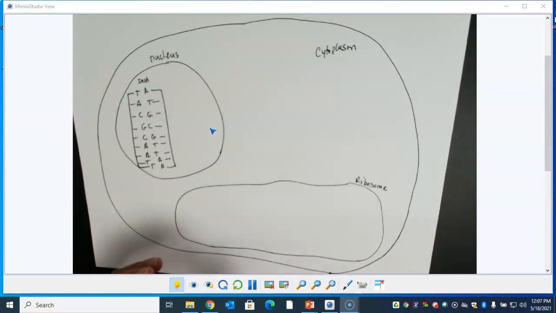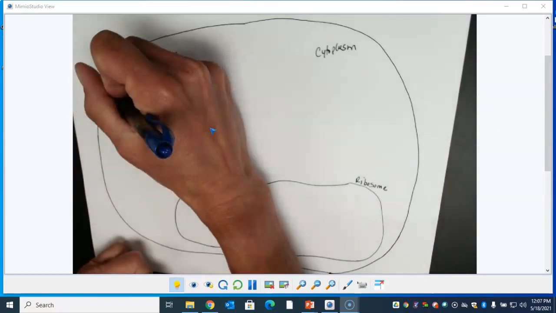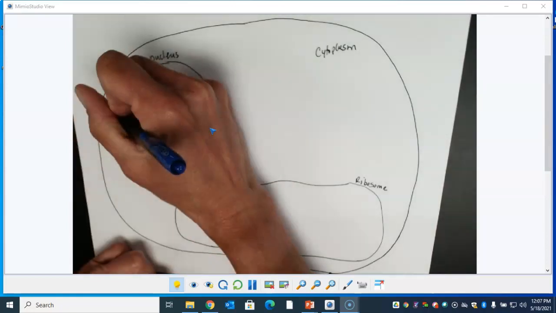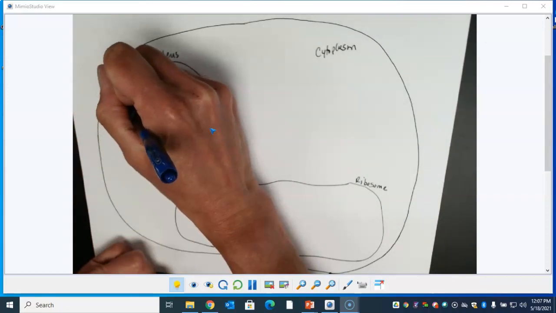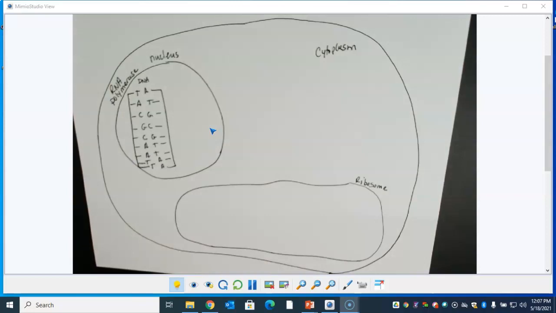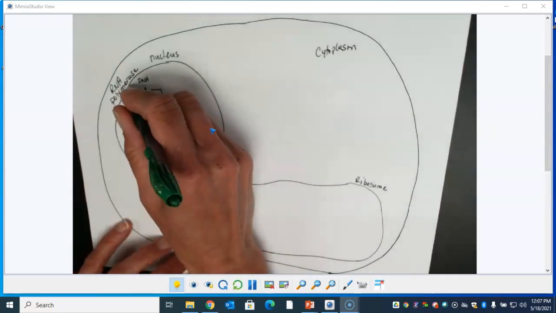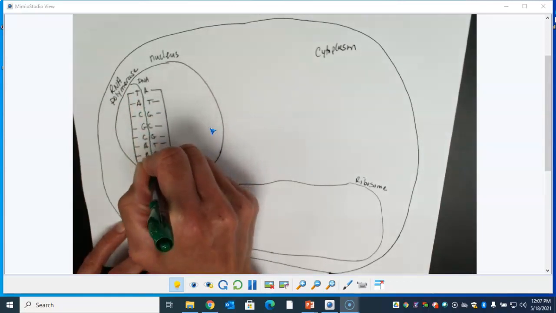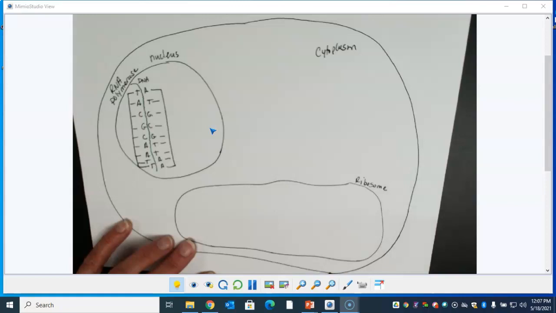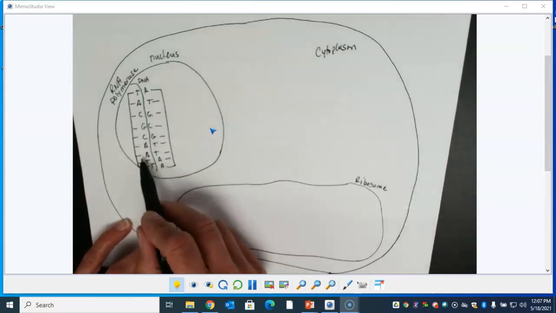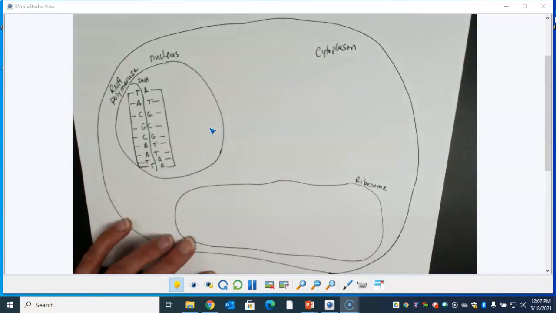Our first enzyme involved in this is called RNA polymerase. RNA polymerase comes in and breaks the bonds right here and separates our DNA molecule. We are literally going to split this DNA molecule in half.